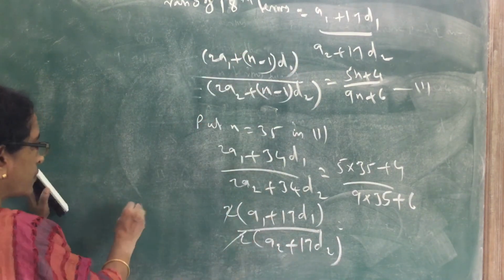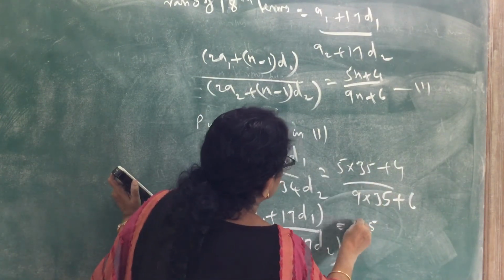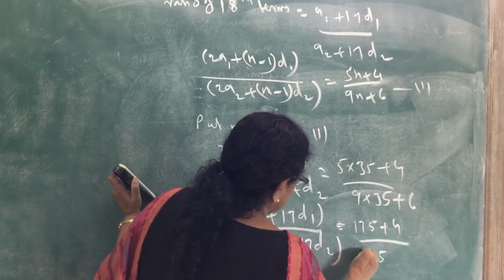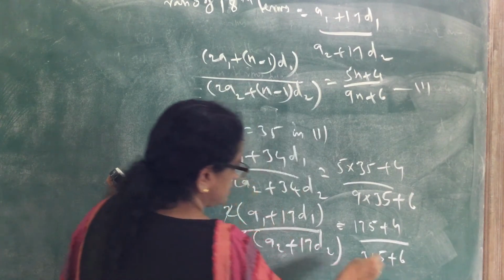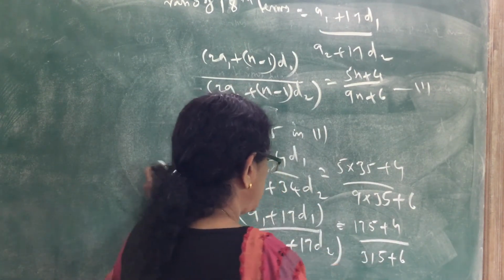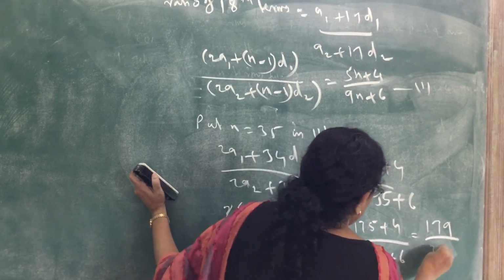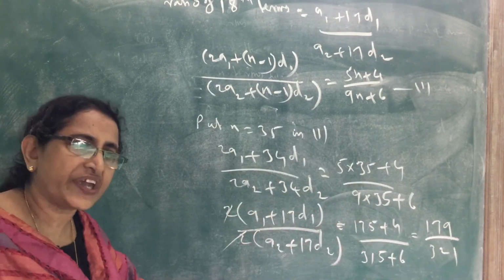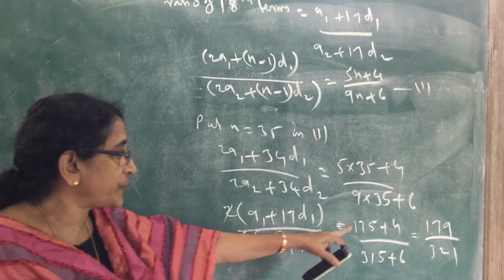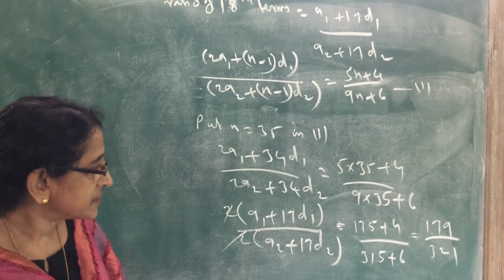Simplifying, the required ratio of the 18th terms is 179 by 321.